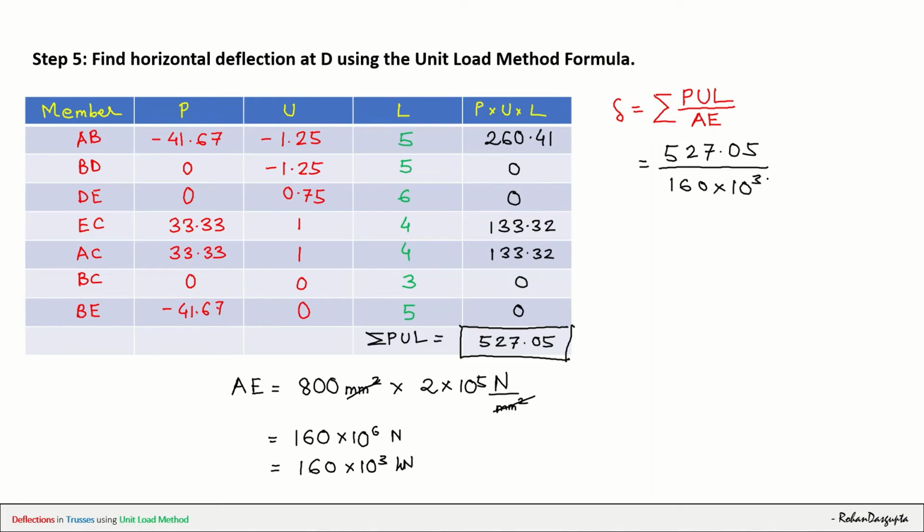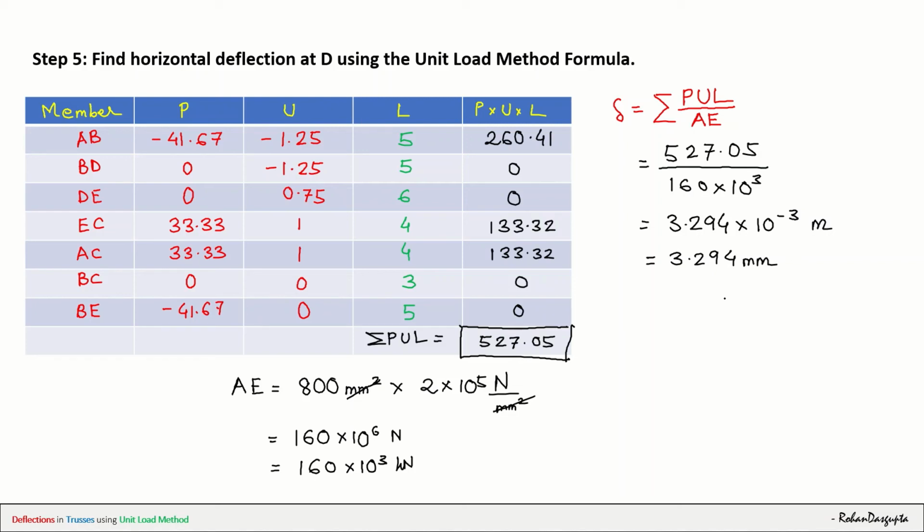If I put this in the calculator, 527.05 divided by 160 divided by 10 raised to the power 3, the answer I will get is 3.294 into 10 raised to the power minus 3. Obviously this answer will be in meter, so to convert it into millimeter, I can multiply it by 10 raised to the power 3, so the answer will be 3.294 millimeter.